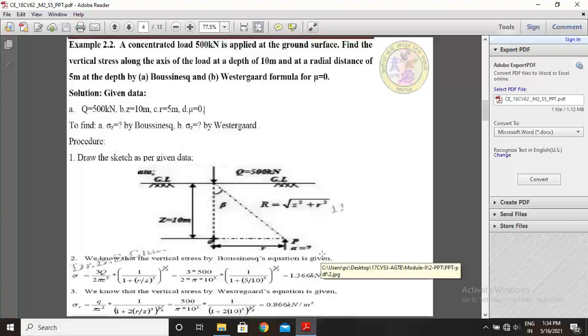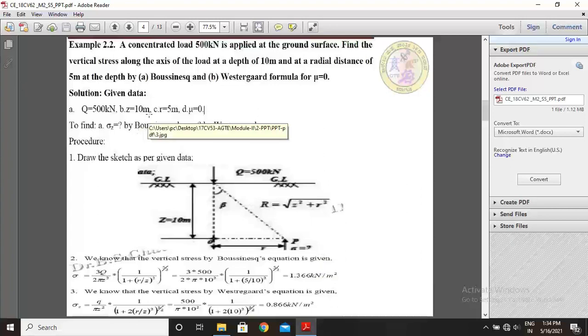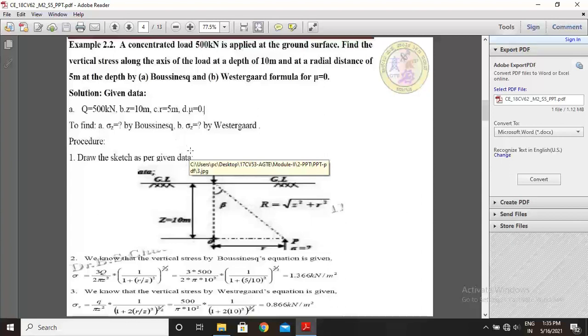Solutions. Given data. What are the given data here? Q is 500 kilonewtons, Z is 10 meters, R is 5 meters, mu is 0. To find sigma z equal to how much by Boussinesq, and as the second parameter, sigma z equal to how much by Westergaard formula.